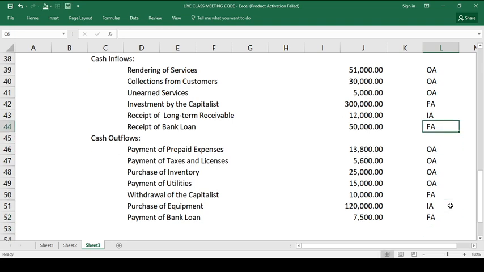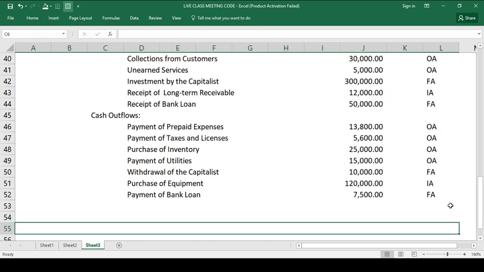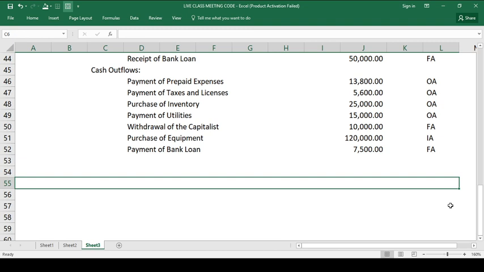So from that, we can now prepare the presentation of the statement of cash flow. The first thing we should do is to prepare the heading of the report. Take note, the company name is ABC Company.